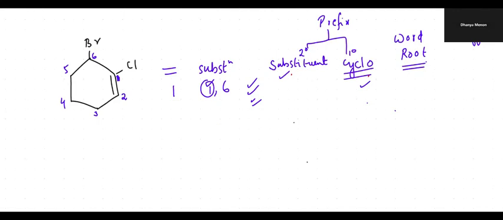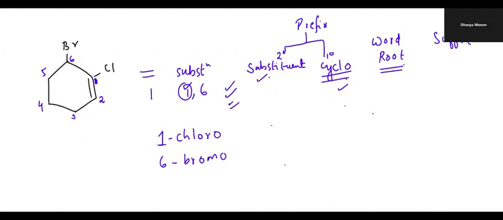So you're not using that numbering because of the first point of difference. Now at the first position you have chloro, and at the 6th position you have bromo. They are both substituents. Which one would you write first? If there are 2 substituents, you follow alphabetical order irrespective of the position. So B comes first: 6-bromo, 1-chloro. Then the primary prefix, which is cyclo, because it's a cyclic substance.